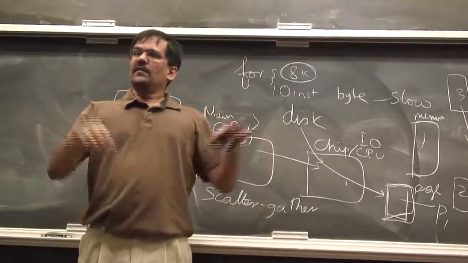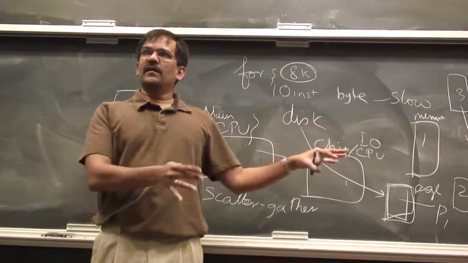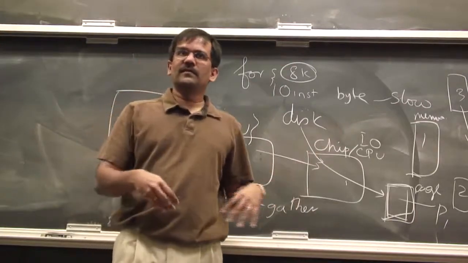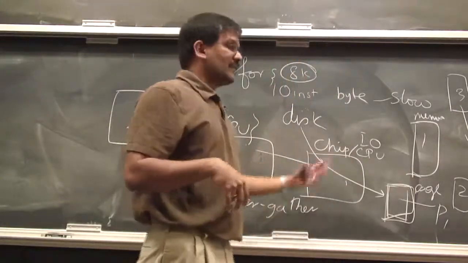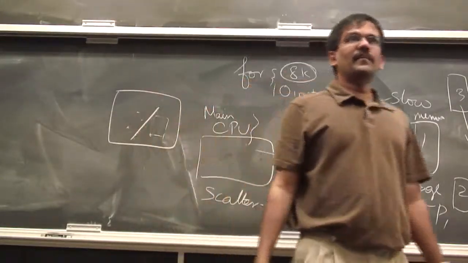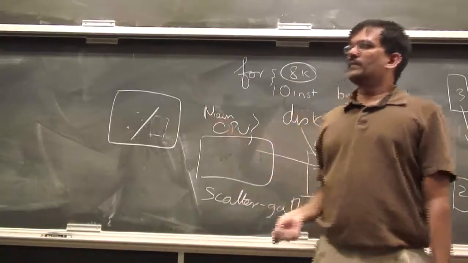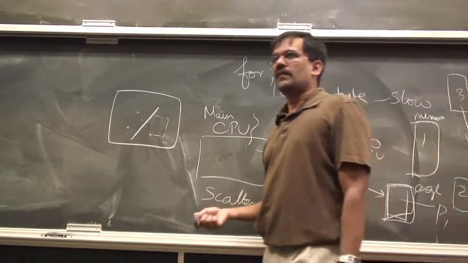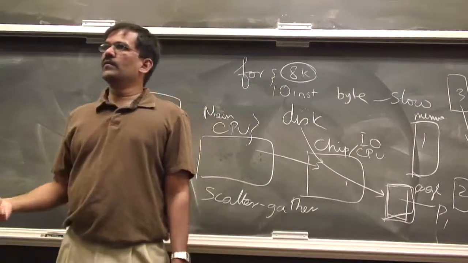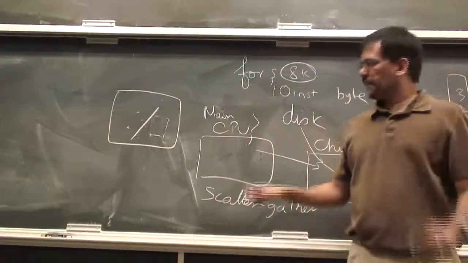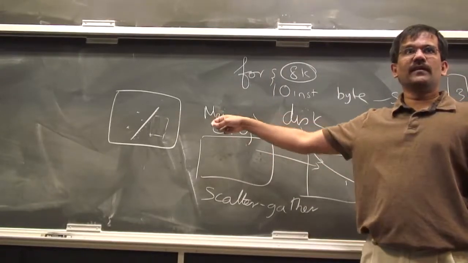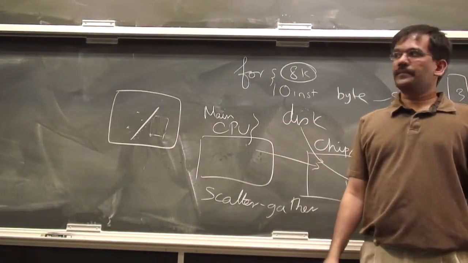You can say, collect a whole bunch of stuff, write it out, or read a whole bunch of stuff and scatter it all over the place. So having a DMA controller can really help you. In fact, if you're doing any kind of serious I/O, like SCSI and all those things, you want to do DMA for performance, right? Because this way, your main CPU can still do something else, but not have to worry about that.